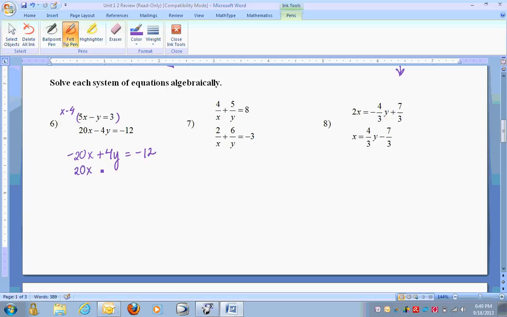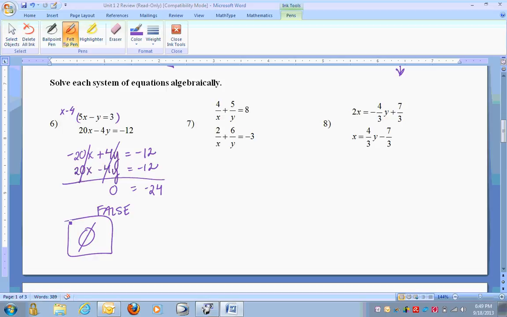And then I'm going to keep my bottom equation the same. And what happens here is the x's eliminate. That was the whole goal. And then you end up with 0, another 0 pair with the y's, equals negative 24. Well, this is a false statement. So the solution is the null set. There is no solution to this problem.